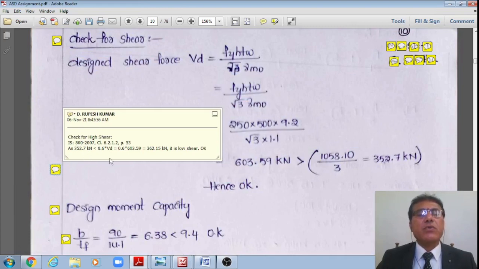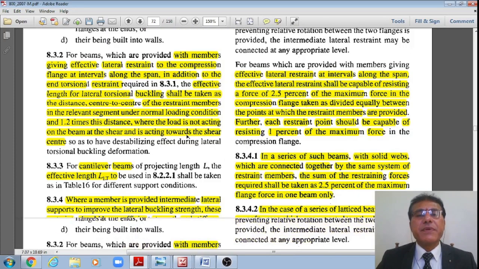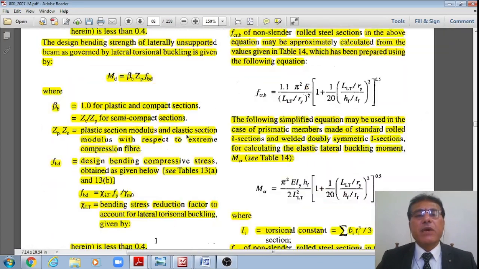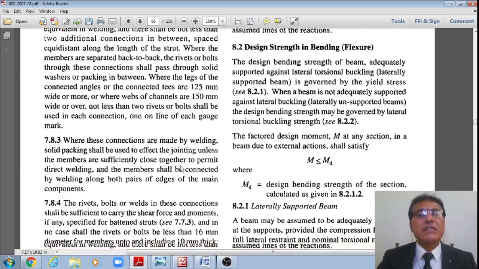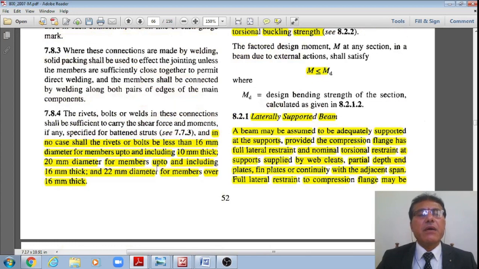As per IS 800 2007, clause 8.2.1.2, page number 53. Let me go to this page 53. Yes, what the code says, we have just seen.